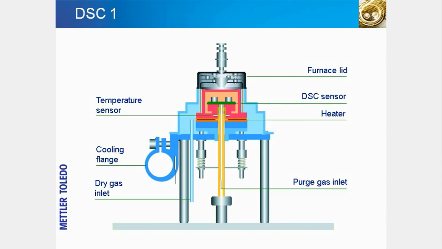The standard inlet is the purge gas inlet. If a cooling option is employed, the dry gas inlet is also used to prevent condensation from occurring inside the instrument. Samples can still be easily loaded into the furnace when the dry gas inlet is used.